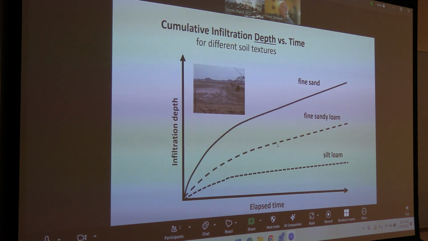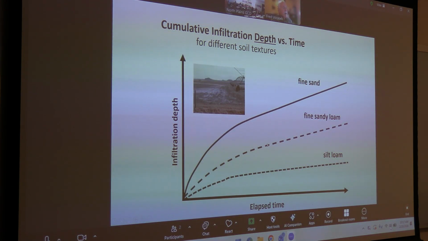Now, if we look at not just the surface, but below the surface, how fast does it move through the soil profile? We flip that over. We see very rapid, deep infiltration with the sands. We can move water very, very quickly, so to speak, through the profile.